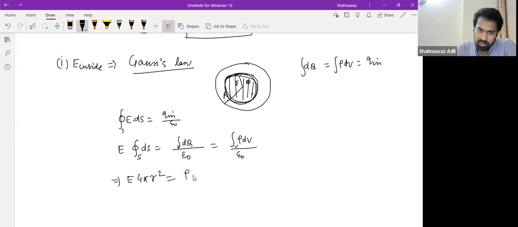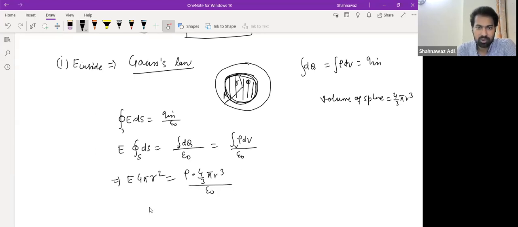The volume of the sphere would be 4 by 3 pi r cube, by epsilon naught.